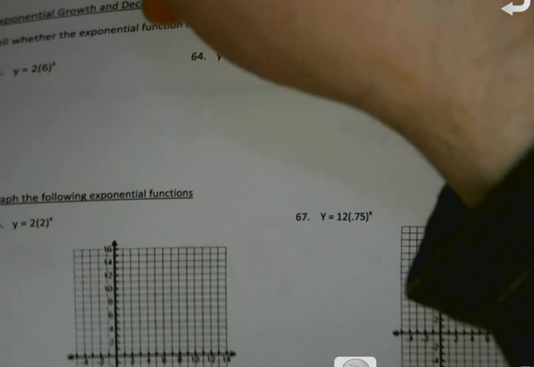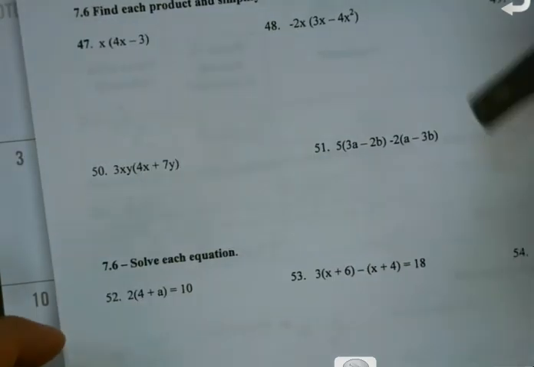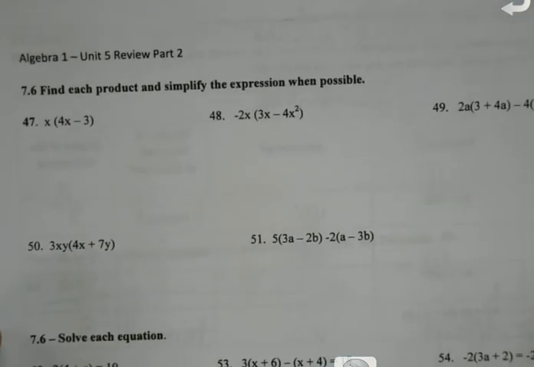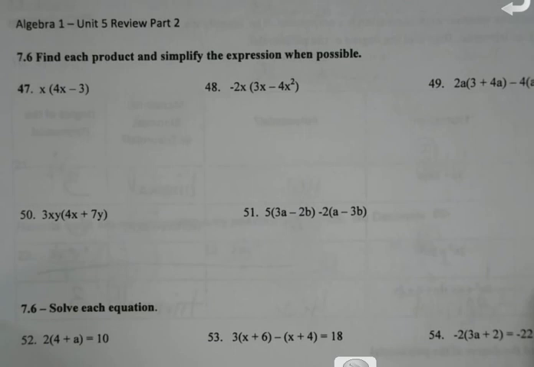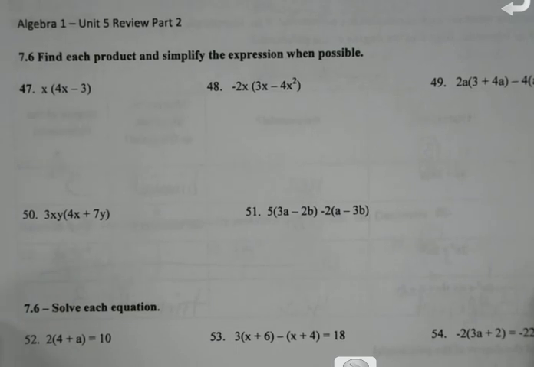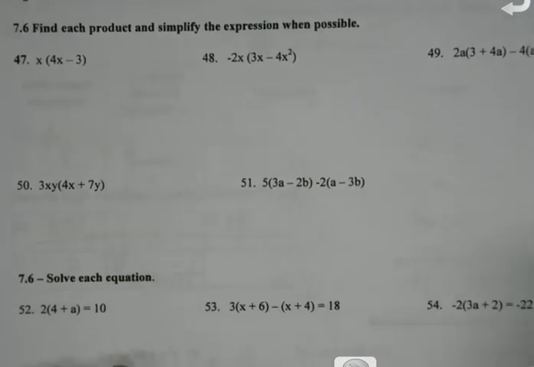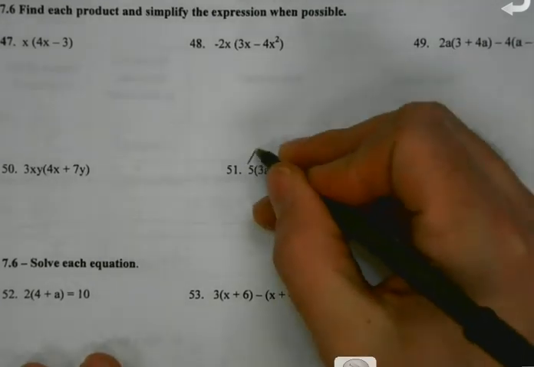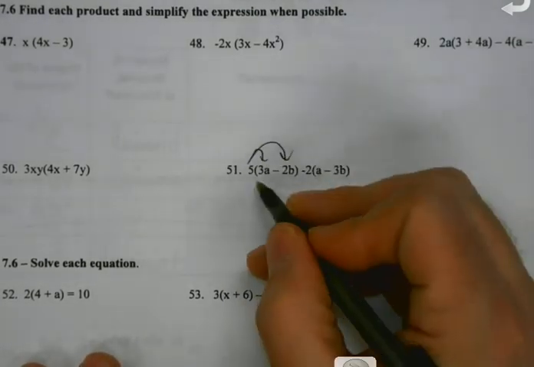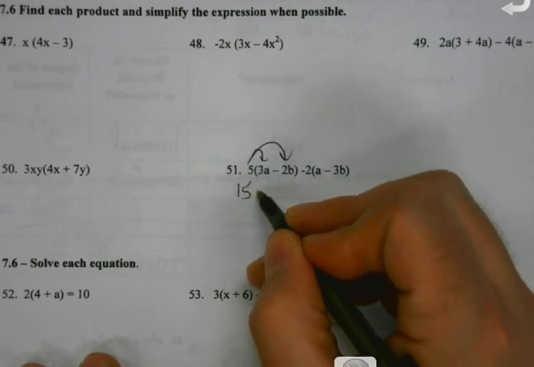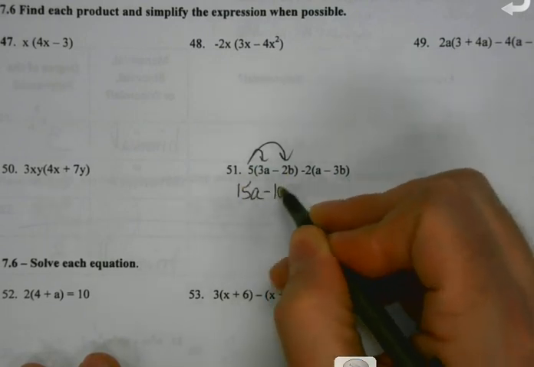So just in case some of you are rolling along here, I'm just going to do one example of each on the part 2 that we'll be doing into next week, just so you've got something to work with. For instance, let's say we were looking at 51. I'd distribute through, and again, I'm just multiplying the coefficients.